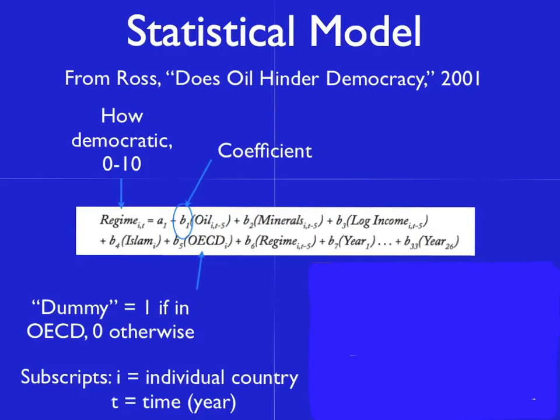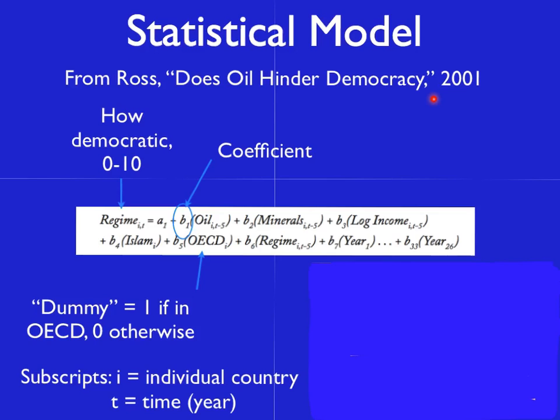Okay, now let's look at an actual example of a regression analysis. This is drawn from the piece you'll be reading by Ross for next week called Does Oil Hinder Democracy? And you can see already there his independent and his dependent variable. He's interested in democracy as a dependent variable, and what he's particularly interested in is what's known as the resource curse issue.